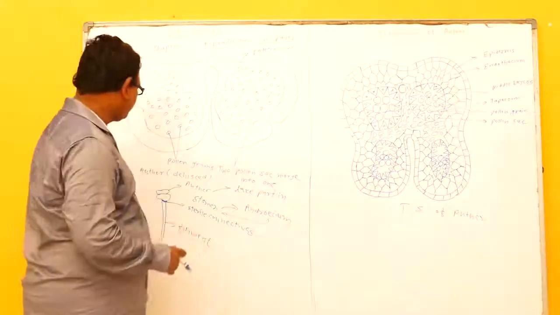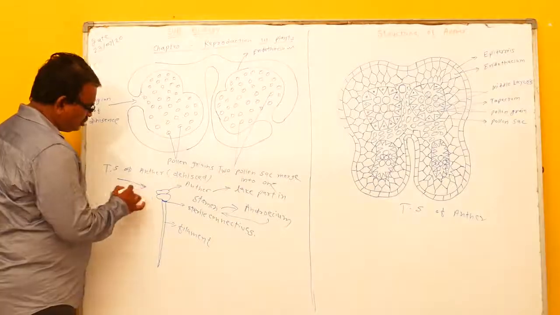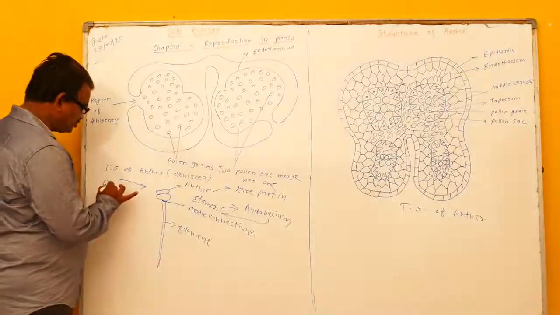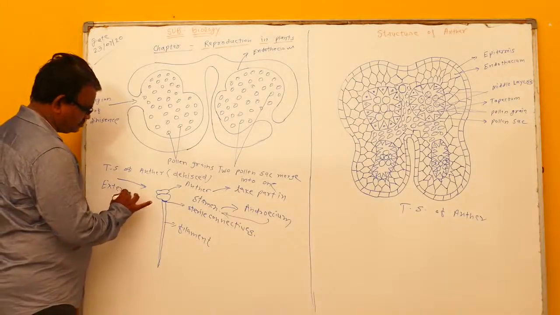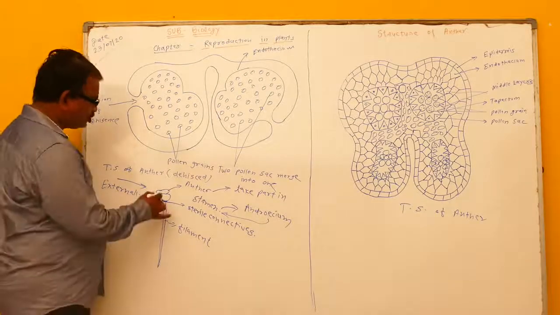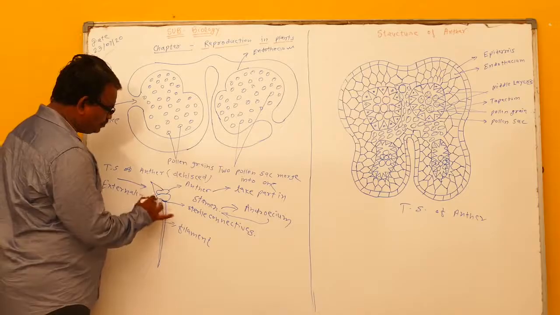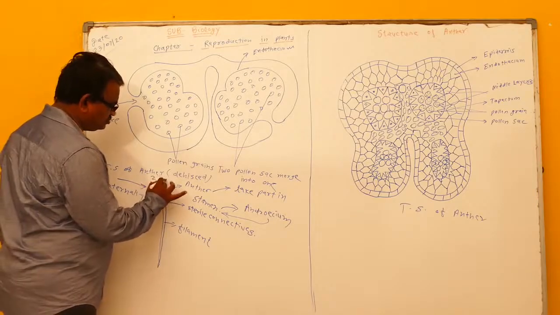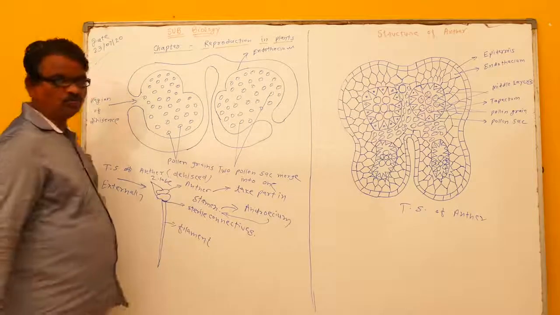Now see, externally we see the anther consists of two lobes. These are the two lobes.